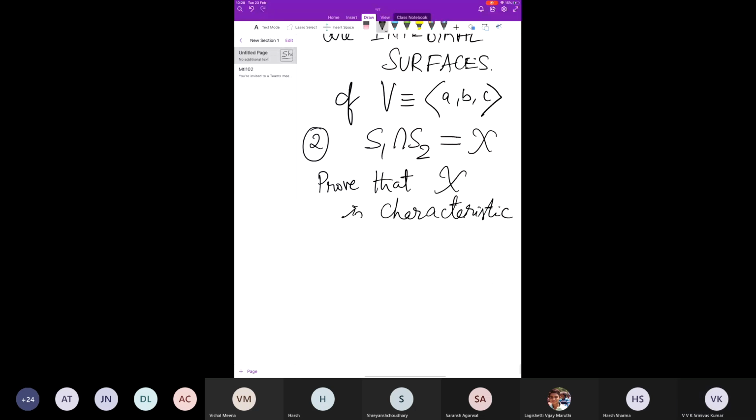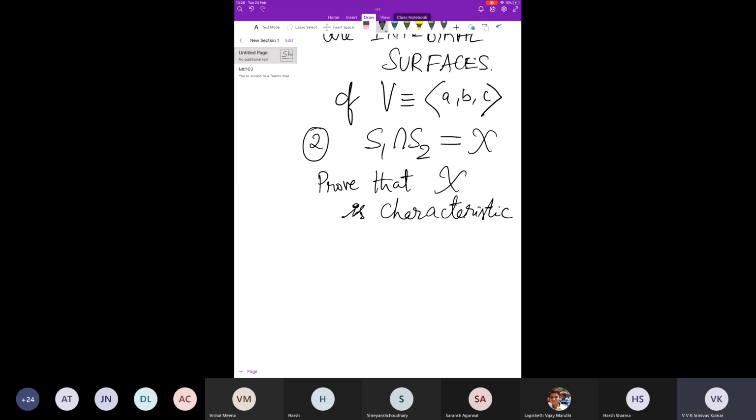Okay, so to prove that chi is a characteristic: there can be infinitely many integral surfaces. The solutions need not be one integral surface, because these are general solutions.